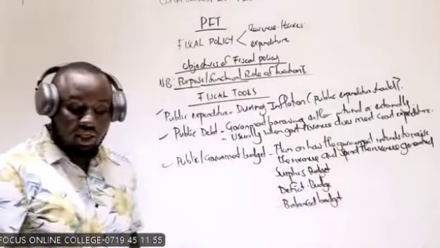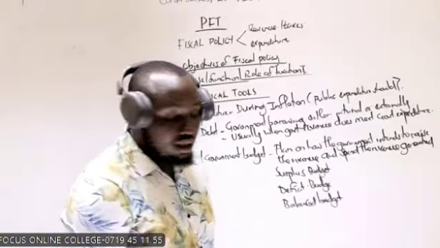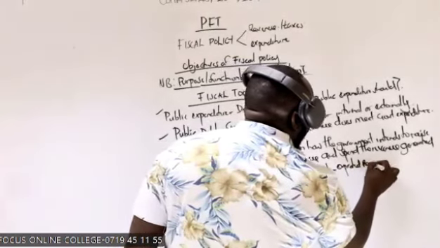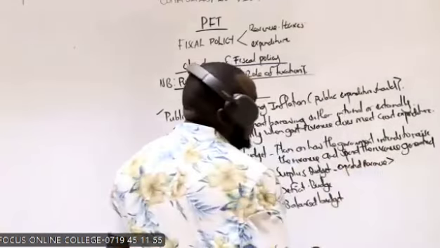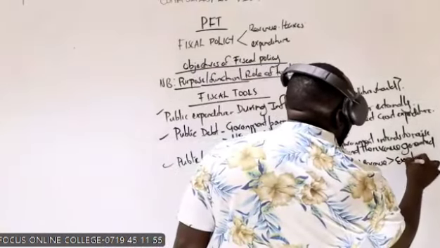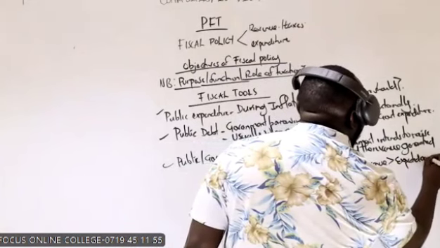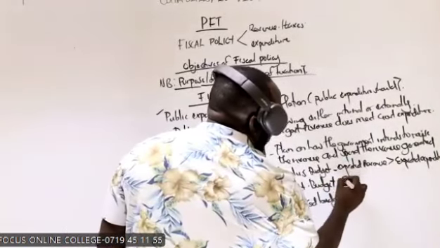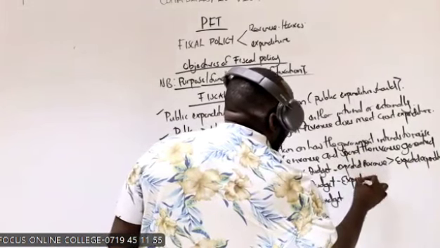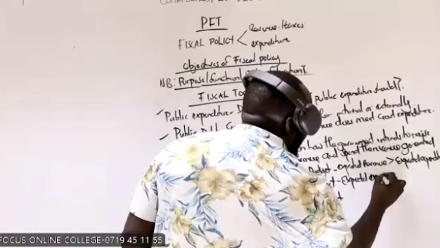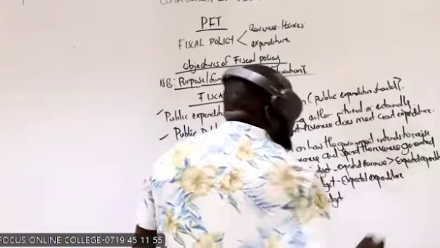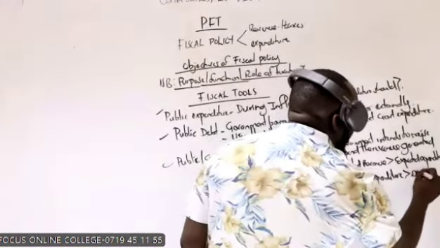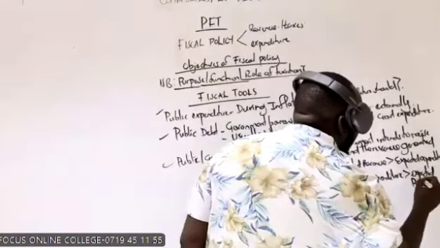So what is a surplus budget? For a surplus, the expected revenue is greater than the expected expenditure. On a deficit budget, the expected expenditure is greater than the expected revenue.